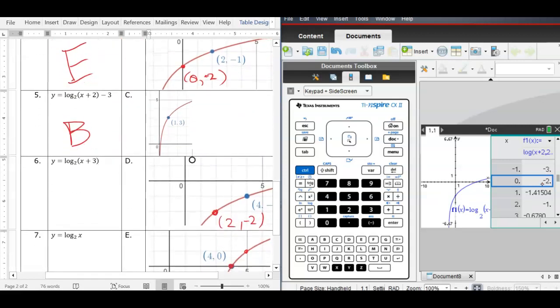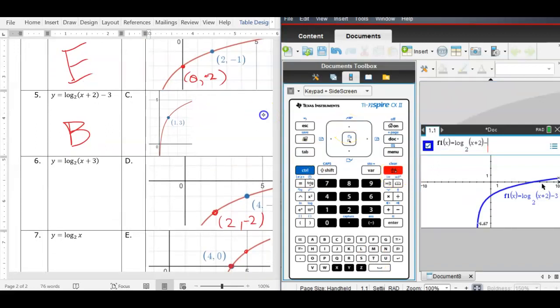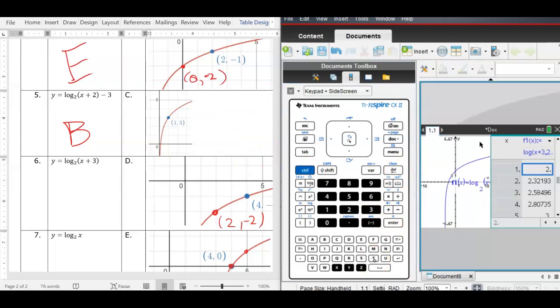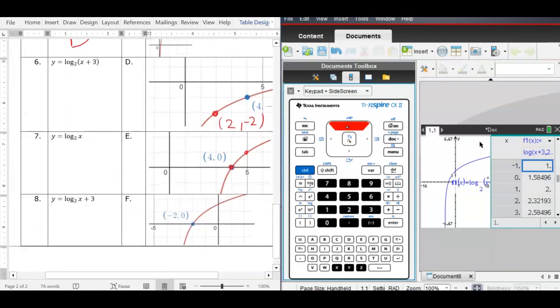Okay, next one. I'm going to hit Control T to get rid of the table. I'm going to hit Tab and go up. And I'm typing in x plus 3. So that's what this should be. I hit Control T again. I look around. I got some good numbers. -1, 1, 1, 2.